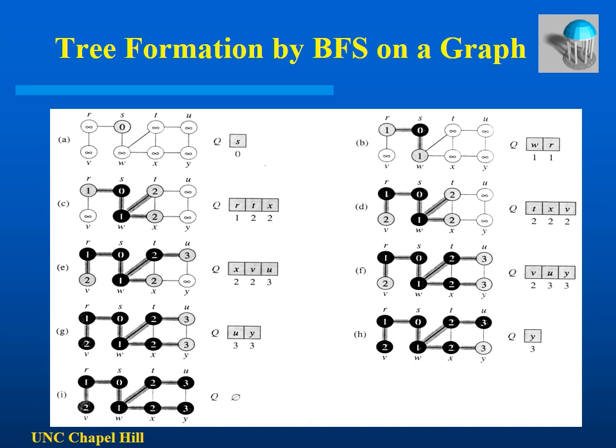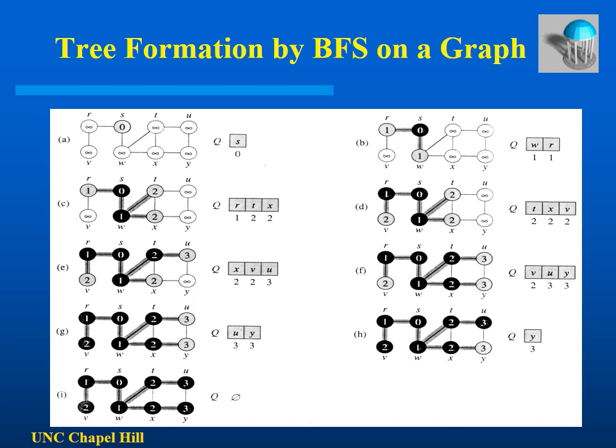And V is just marked as complete, leaving U and Y at the end of stage G. We take U off the Q, we find that U is connected to T and Y, but both of them have been discovered. One's complete, one is discovered but not complete, gray. And so we mark U as complete, and we're done with that stage.